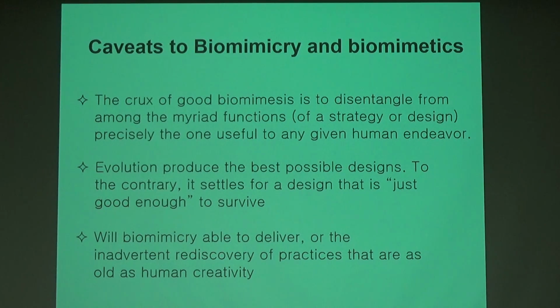So it's not an absolute perfect design, it's not a perfect construction. It's a good function for its environment and enough for it to survive. So we have to be careful when we're talking about biomimetics and learning from nature and thinking it's a perfect way of solving something.